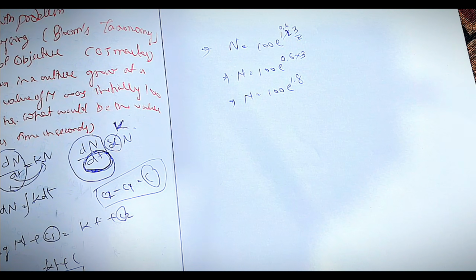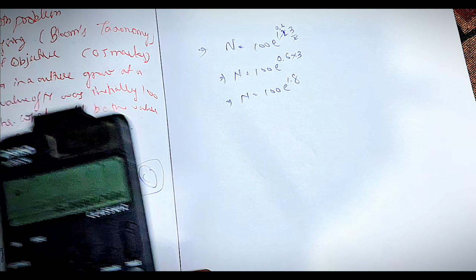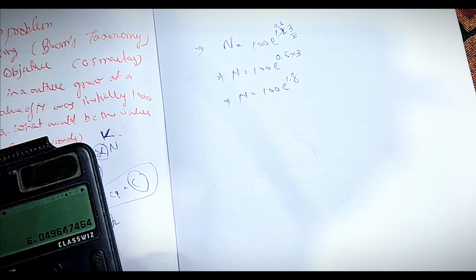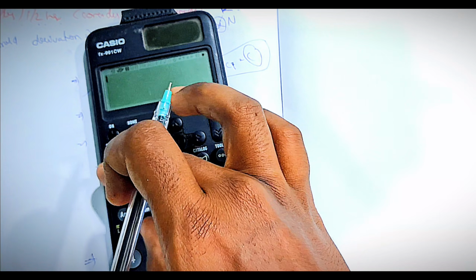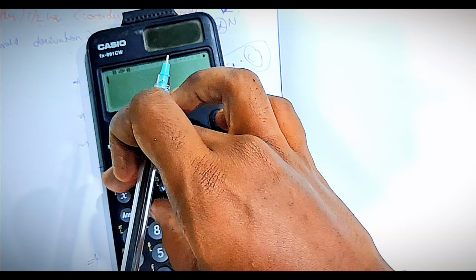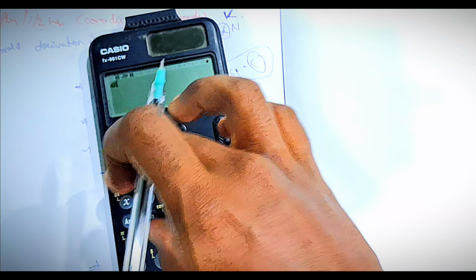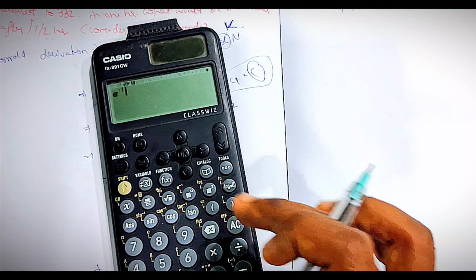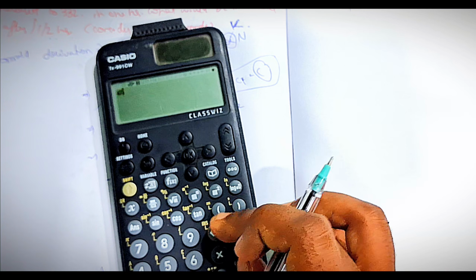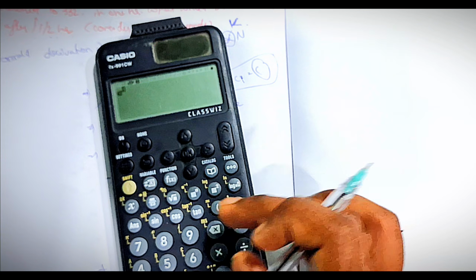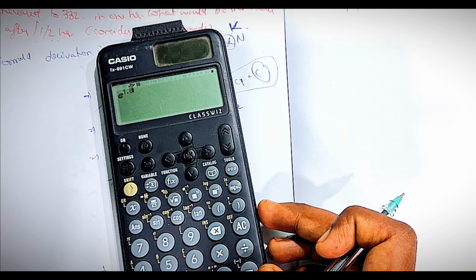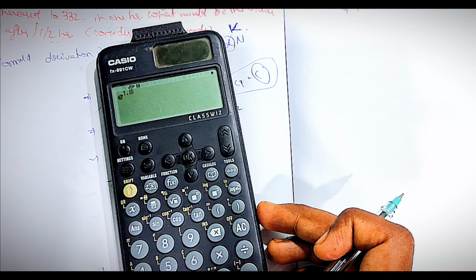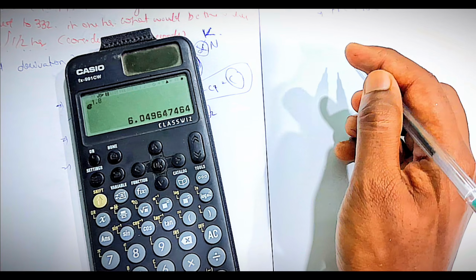What is e power 1.8? Let's see in the calculator. I am showing you how to calculate it. Shift plus this, e power 1.8 equal to 6.049.